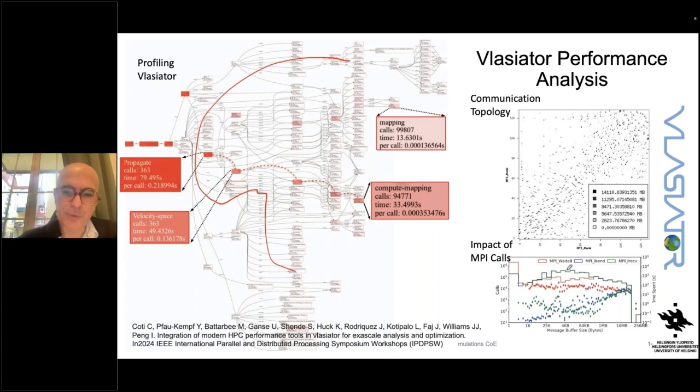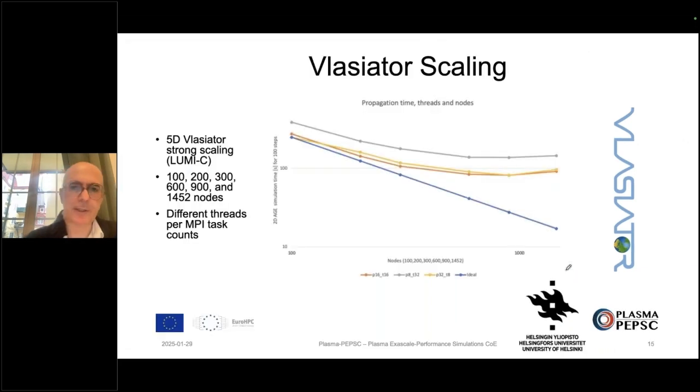And we also look in more detail at the issues on the MPI side here. For the scaling, we also performed a number of scaling tests. So here is LUMI-C, using a 5D Vlasiator strong scaling on the CPU partition: 100, 200, 300.